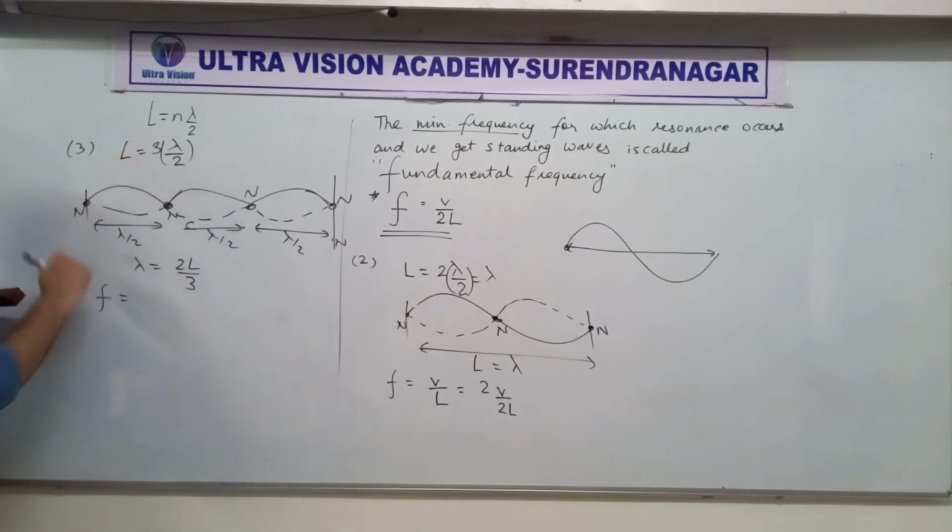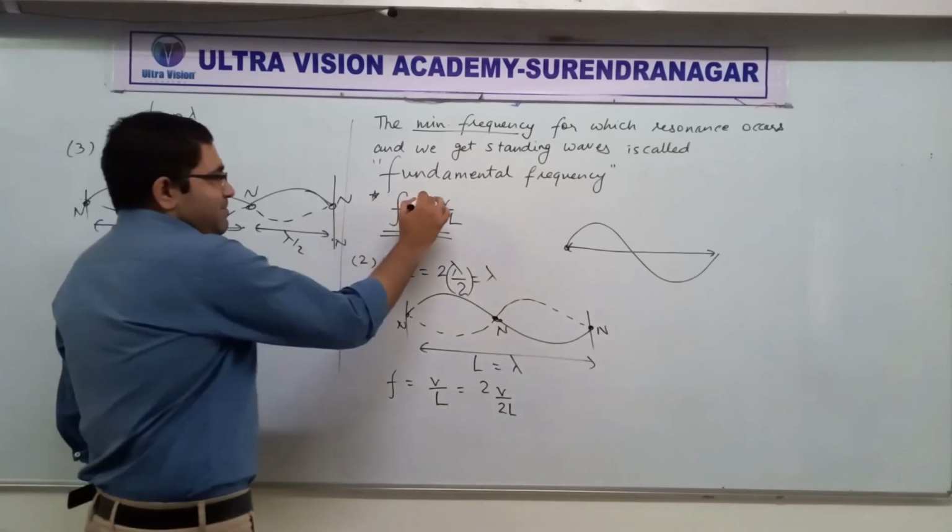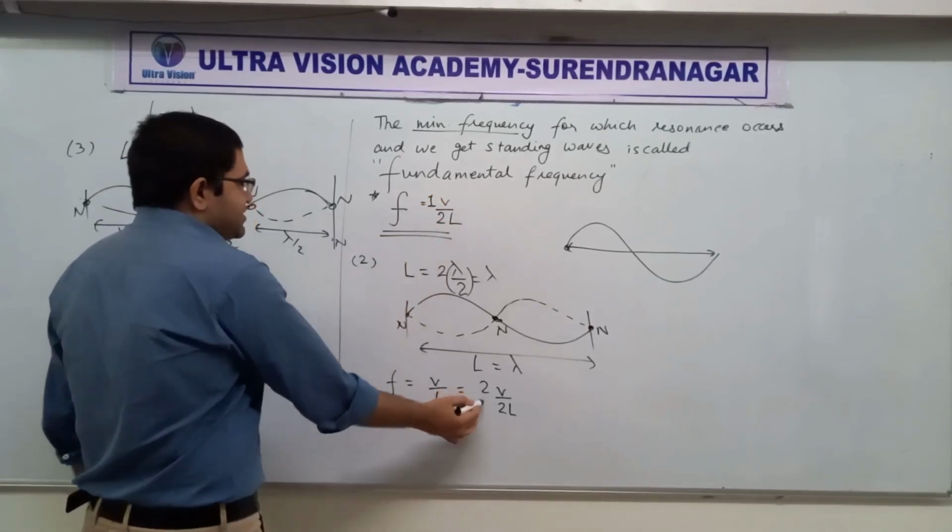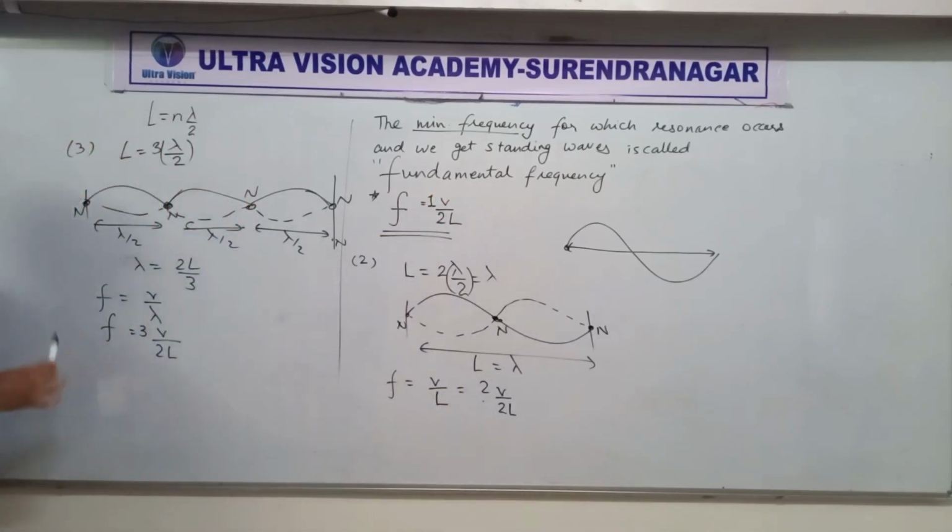So F is equal to V by lambda, and lambda is 2L upon 3. So this time it is 3 into V by 2L. I hope you are seeing this pattern. 1V by 2L, 2V by 2L and 3V by 2L. Understood?